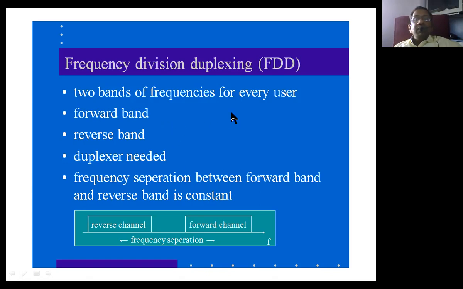Now here two frequency bands are normally used for every user. One frequency band is the forward channel, and the other is the reverse channel. The next thing needed is a duplexer. What is a duplexer?